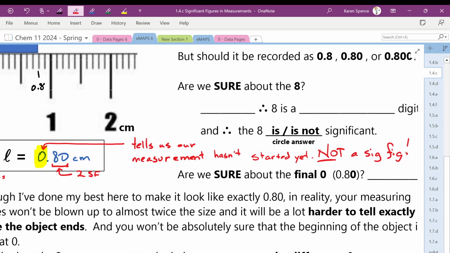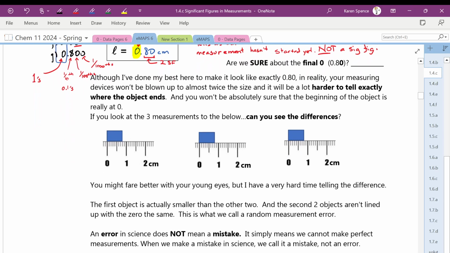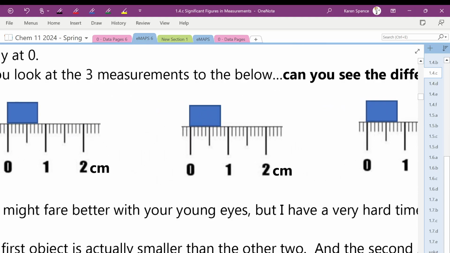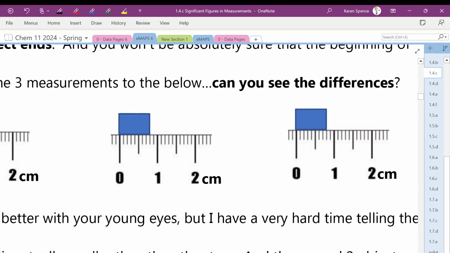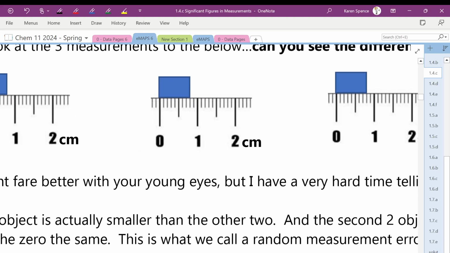So if we have zeros that are just hanging out at the front of a number, they are not significant. We're going to skip this part. I think I got really carried away with this, but I actually did try to make each of these objects a slightly different size from the other ones. I don't know if you can see it, but it just points out that 8.80 is uncertain.